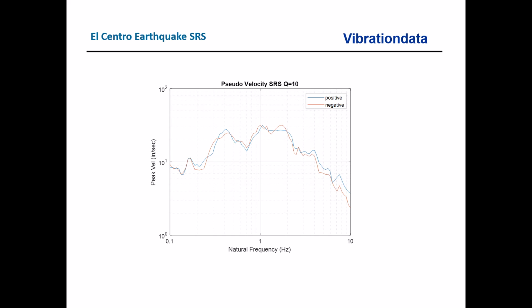Well, we want to minimize pseudo-velocity because pseudo-velocity correlates with stress. What this is telling us is that we either ought to have a very low natural frequency or maybe a very high one, like a stiff mount, but there's kind of a stay-out zone here in the middle, because otherwise we're going to have some potentially high pseudo-velocities and some high stresses.